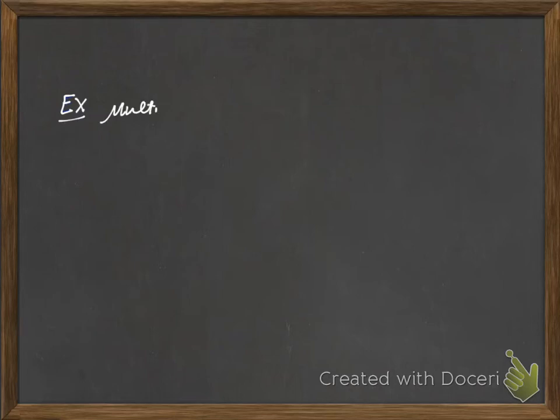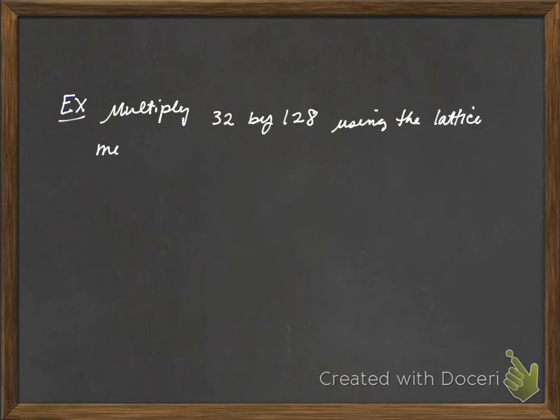Multiply 32 by 128 using the lattice method. Okay, so once again, I have to make rows and columns.